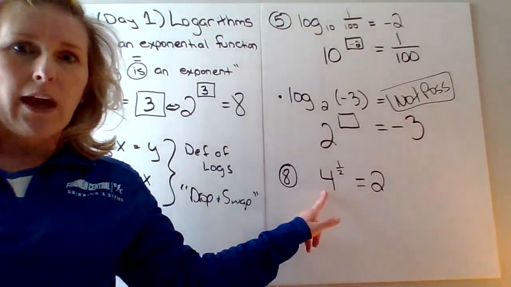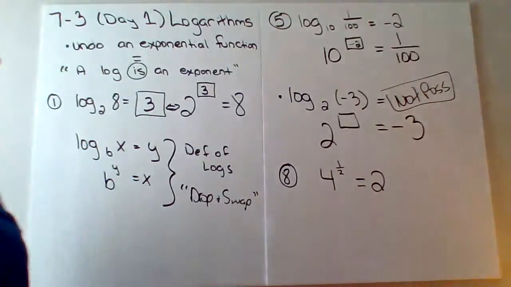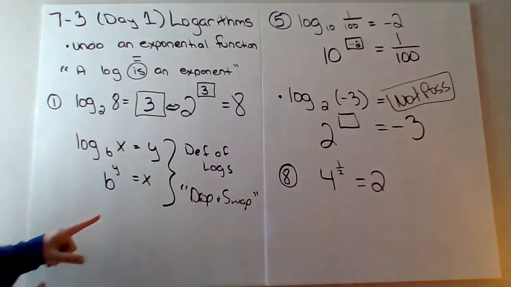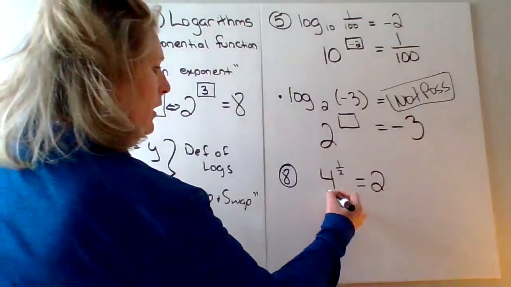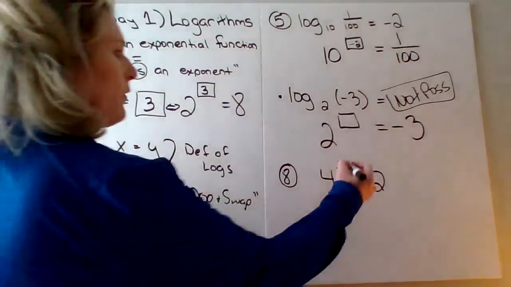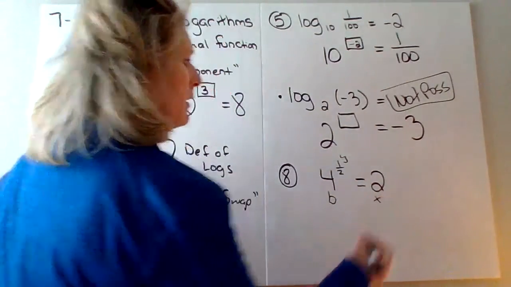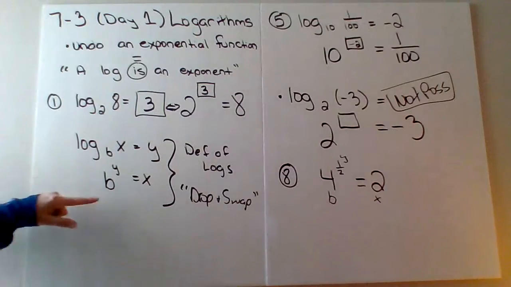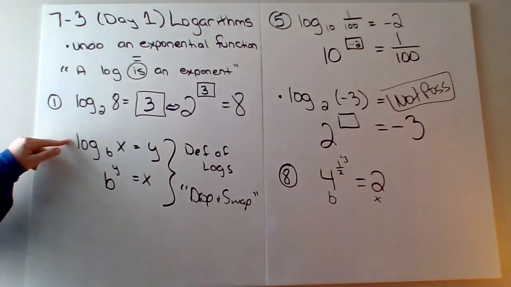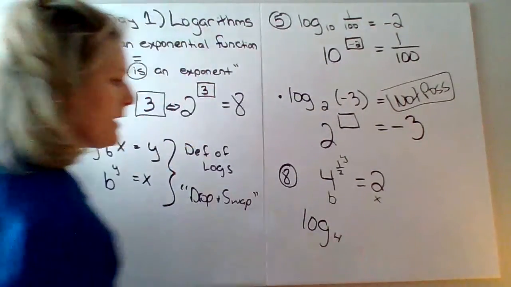Let's start with exponential form and put it back into log form. So maybe you would go over here and use your definition of logs. This 4 is your b, if I label that. That 1/2, that's your y, and that 2 is your x. If you look back, to put it in log form, it has to go log base b. So I would have log base 4.